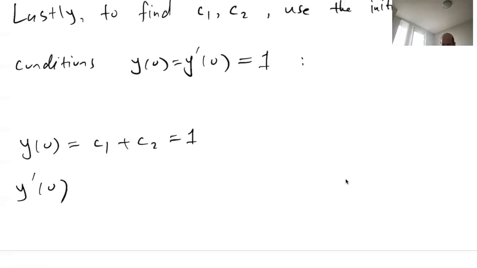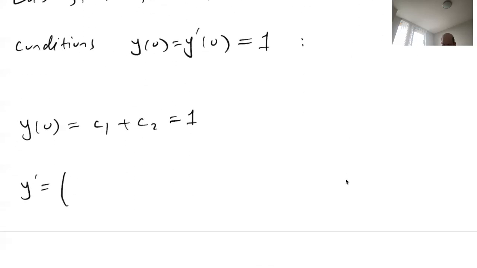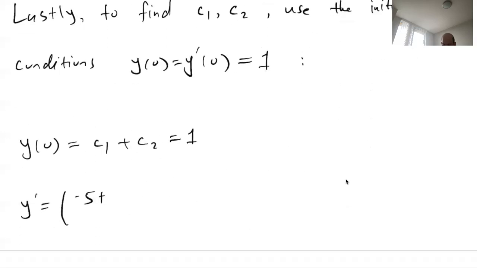Y prime will be minus 5 plus root 21 divided by 2 times c1 e to power minus 5 plus root 21 divided by 2 times x, plus minus 5 minus root 21 divided by 2 times c2 e to power minus 5 minus root 21 divided by 2 x.